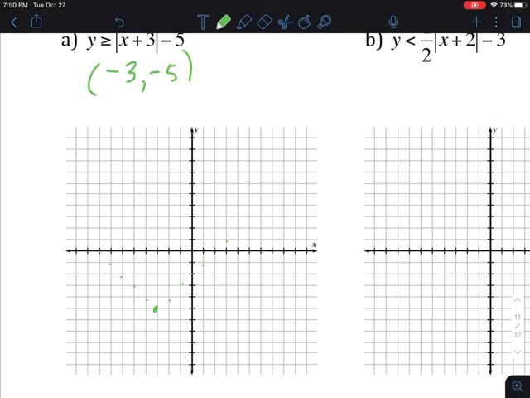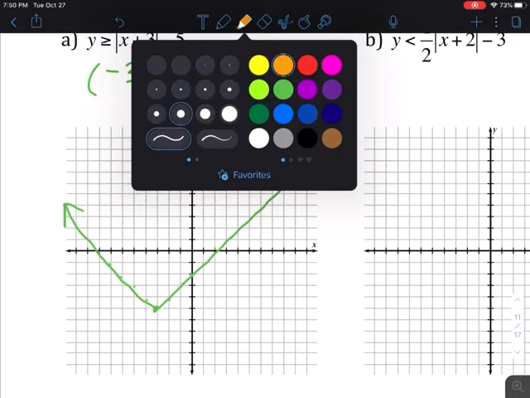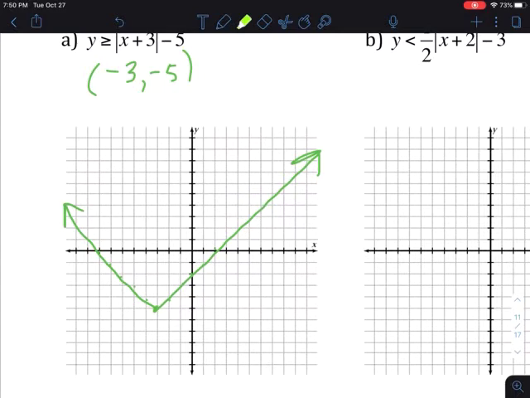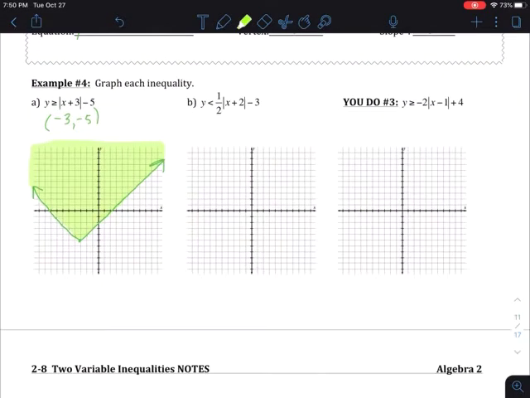The symbol is greater than or equal to, the underline says that's got to be solid. And then the shading is above, so it'll be above this V. All right, there it is.